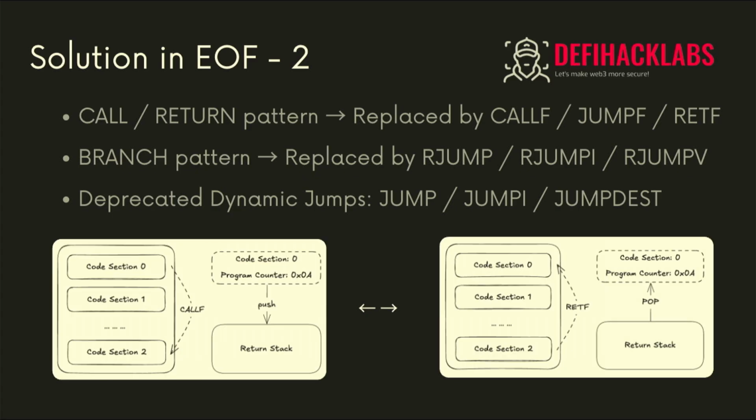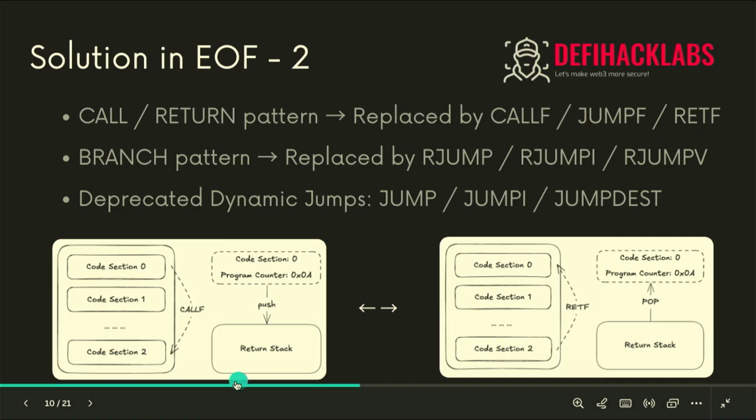For the first one, the call and return pattern, they use different operations. For call, it is split into CALLF and JUMPF. JUMPF is for non-returning functions. And for the return operation, it is replaced by the RETF opcode. And a new component is introduced to EVM.